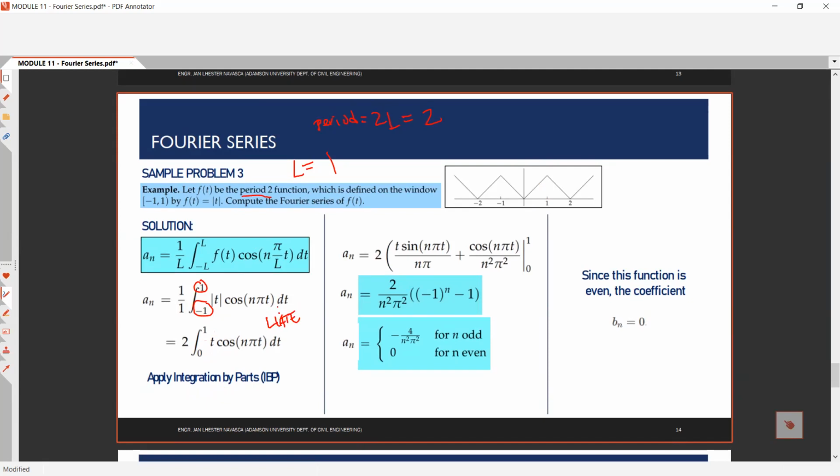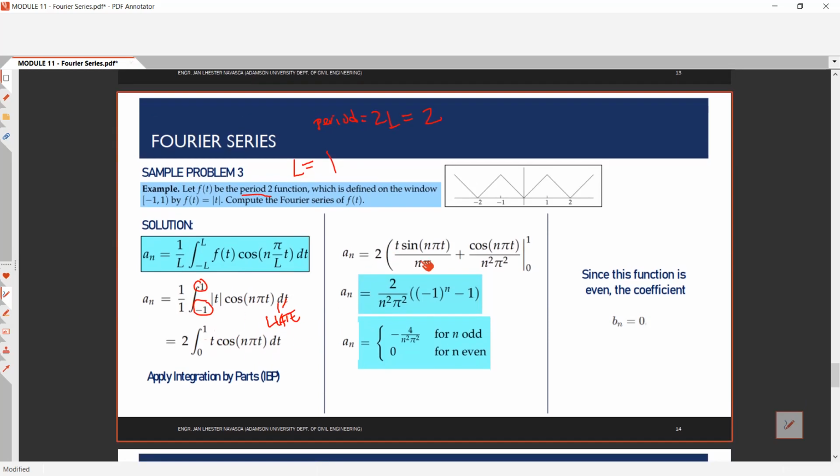Okay, so algebraic and trigonometric. Algebra is t, trigonometric is cosine n pi t. So A sub n is equal to 2 t sine n pi t over n pi.